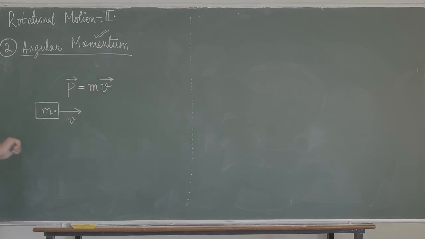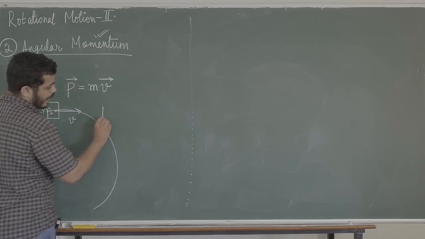So when something is rotating, imagine that this mass is going to rotate. Instead of moving in a straight line, this mass is going to rotate. Whenever something is rotating, there is automatically an axis of rotation, and in such a case we do not have momentum, we have angular momentum.